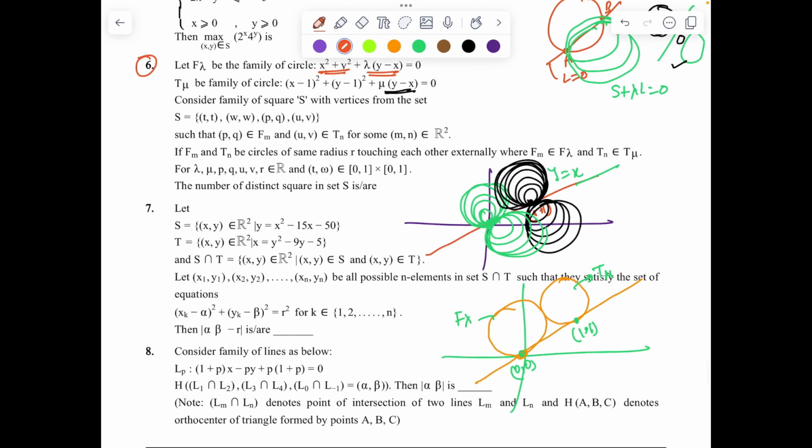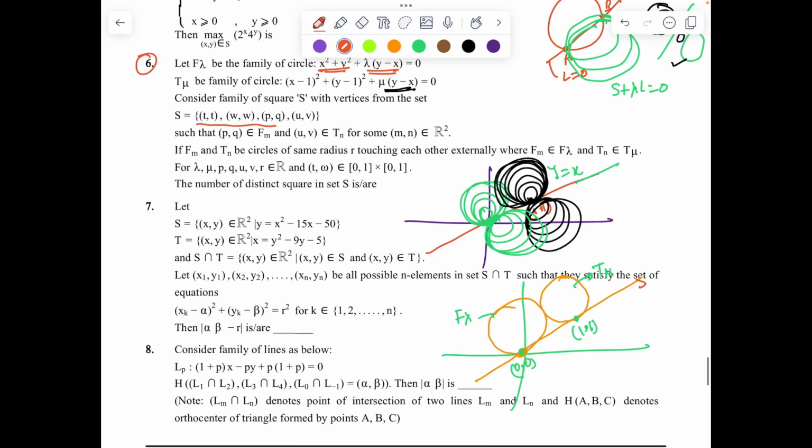Now we have a square with vertices from this set, where two of these points lie on the line y = x, and (p, q) and (u, v) lie on F_m and T_n. It means two vertices of the square lie on these two circle members and two vertices along the line y = x, right?